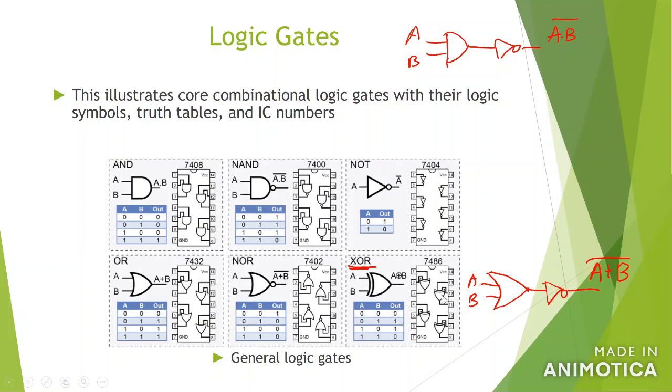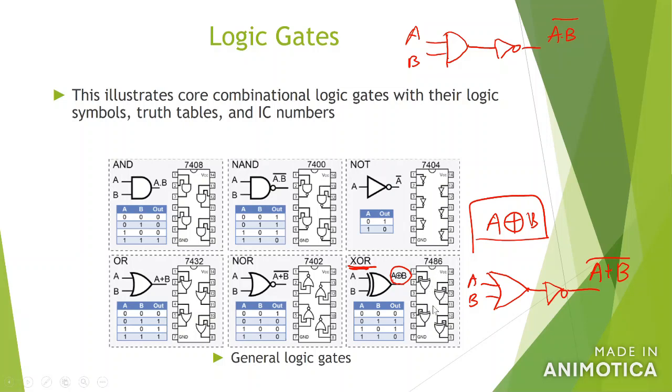That's the OR gate, and to represent the exclusive OR gate, you use this. For the XOR gate, you use a circle with a plus sign to represent the exclusive OR. The number for the IC package is 7486.